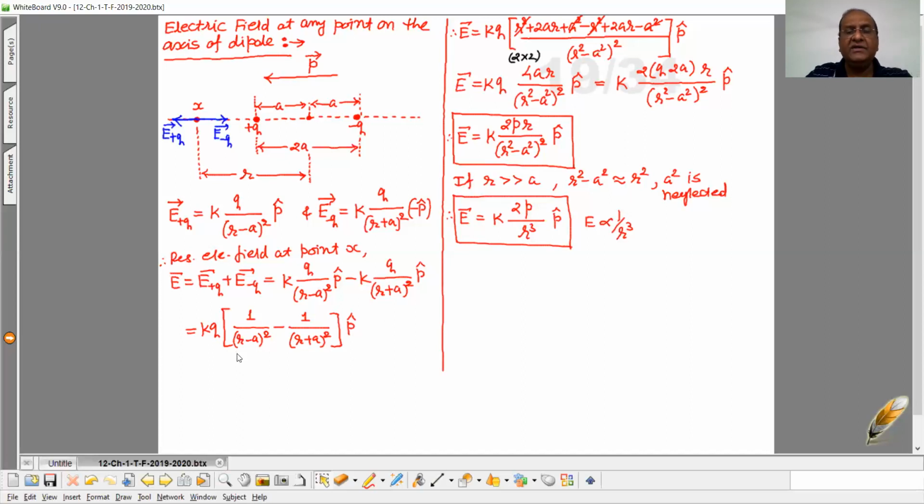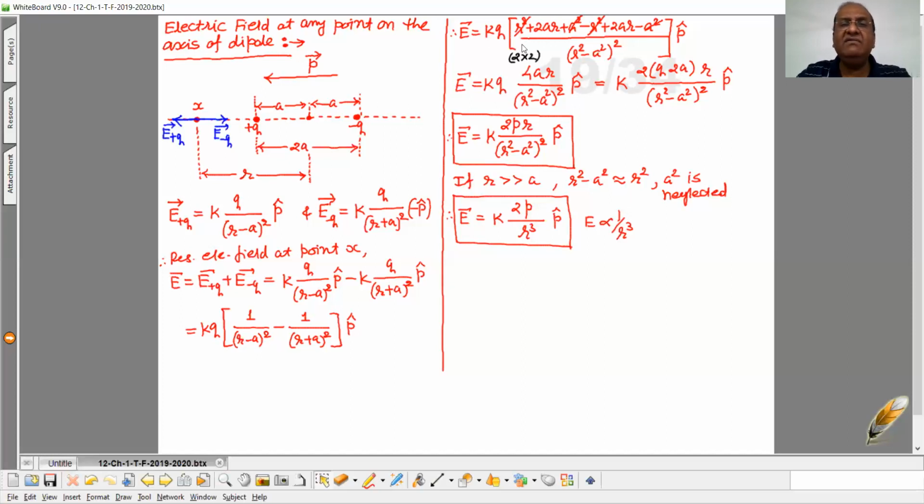So simplify this one and then take the LCM. Now see, (R minus A) into (R plus A) is R square minus A square, and the square of it is the denominator. Then in the numerator, (R plus A) whole square multiplied by 1 and (R minus A) whole square with a minus 1.